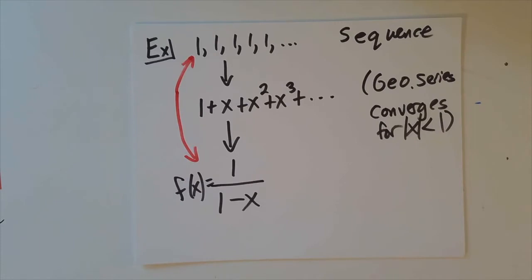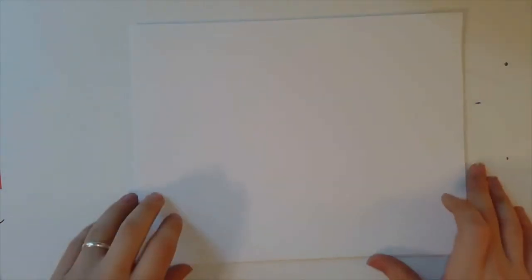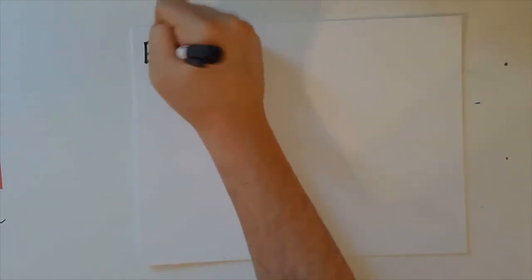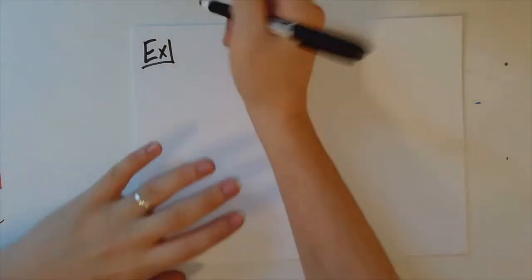Okay. Now, let's try and do a different example. Namely, let's take maybe the second simplest sequence I can think of. Okay, maybe third, because maybe 0, 0, 0 was the easiest sequence, but that one was kind of boring, so we're not going to talk about that one.